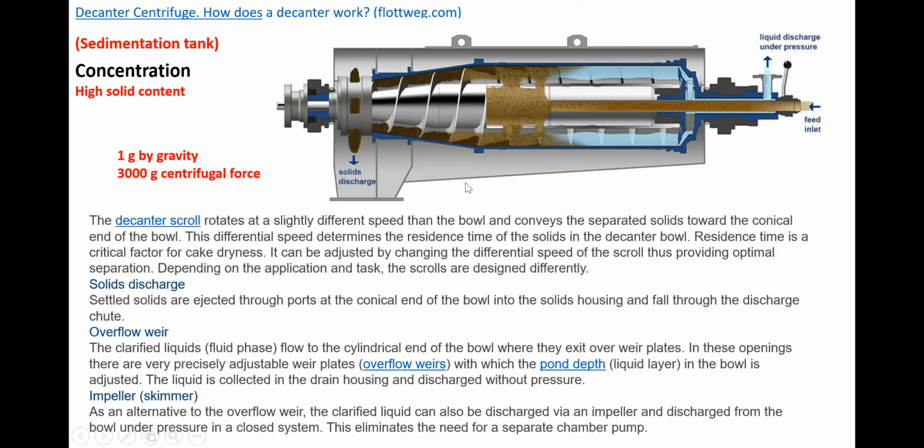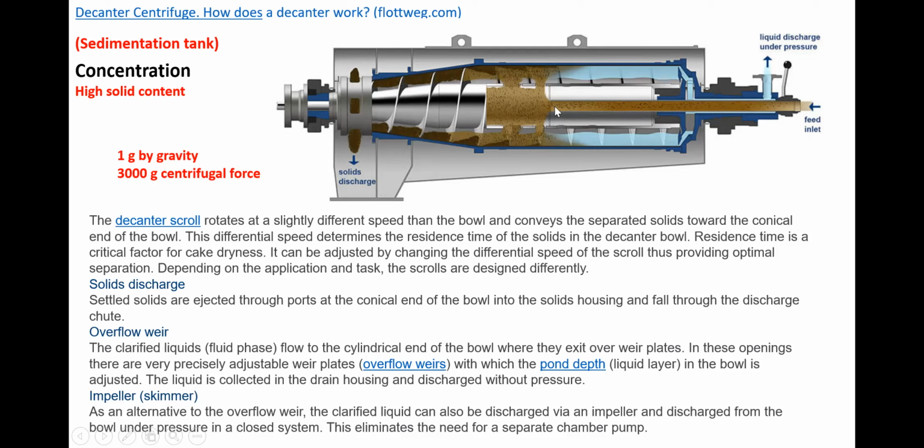However, this one is known as a decanter scroll. It is operated at a much higher force, 3000 G, a kind of centrifugal force. When the screw is turning, the solid will be concentrated at the outer bowl and discharged as solid here, and the liquid will be pushed towards this right-hand side and discharged through another side.